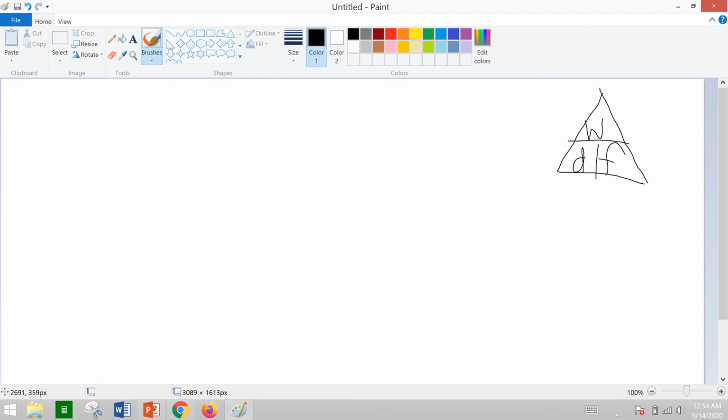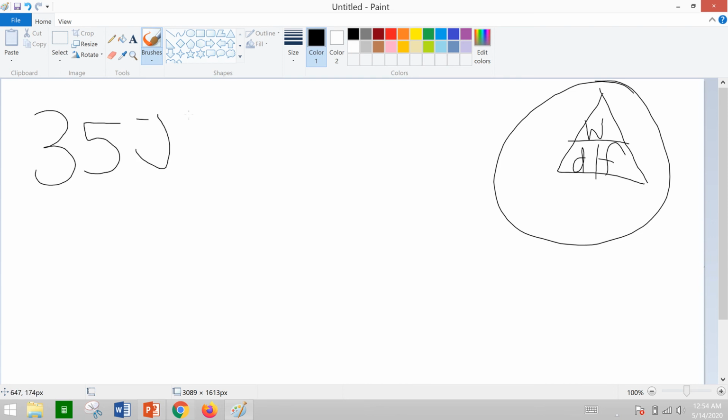Notice I'm starting with work, so it's not going to be the same formula. You're going to have to use this. We're doing those 35 joules of work over a distance of 5 meters.